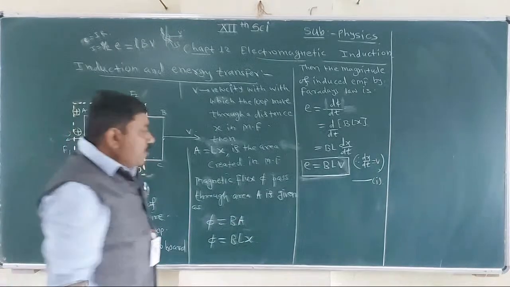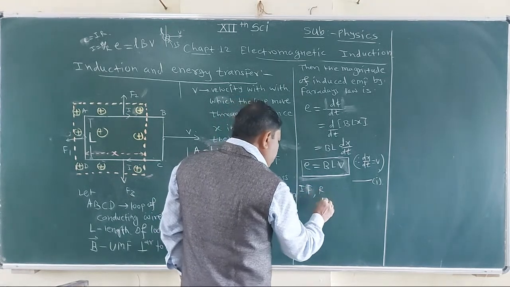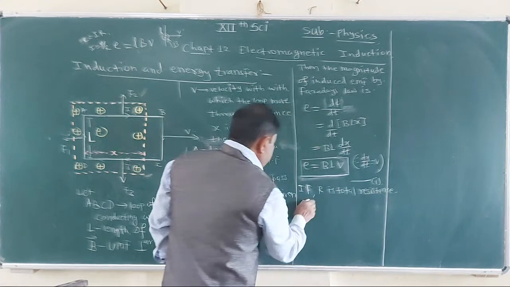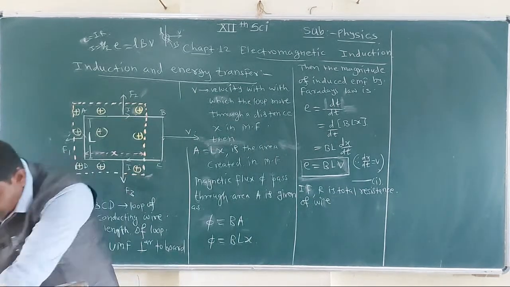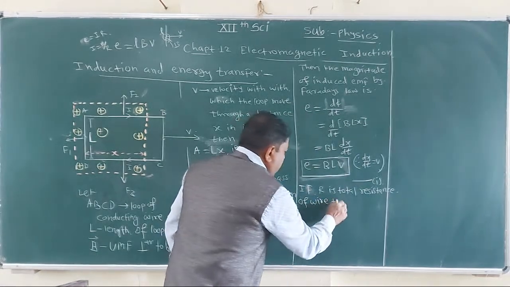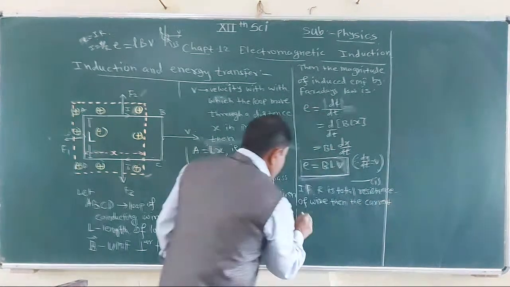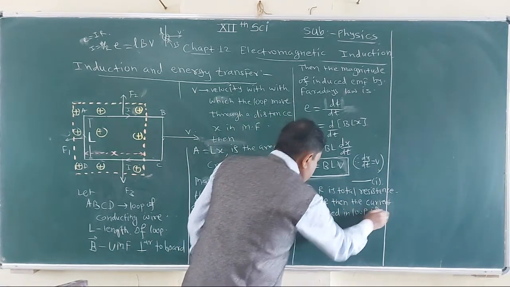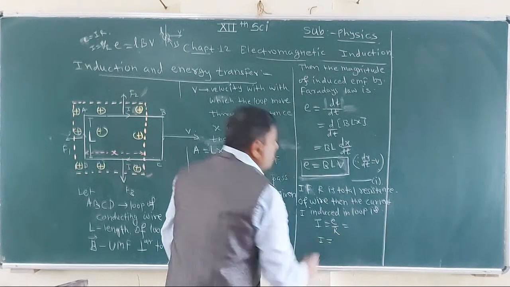So the current induced in a loop, if R is the total resistance, if R is the total resistance of wire, then the current I induced in the loop is I is equal to E upon R. So I is equal to E by R. What is E?